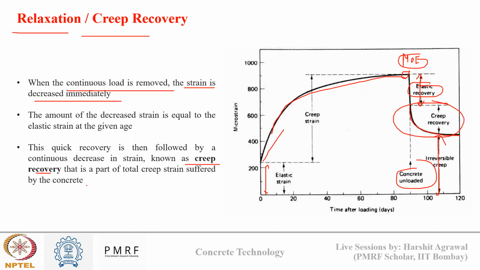This is the total strain that concrete has suffered. Out of this there is an elastic recovery and a creep recovery. If I subtract the elastic and the creep recovery, the remaining part is the irreversible creep that won't recover, and that is due to the permanent deformation in concrete that has occurred due to cracking.